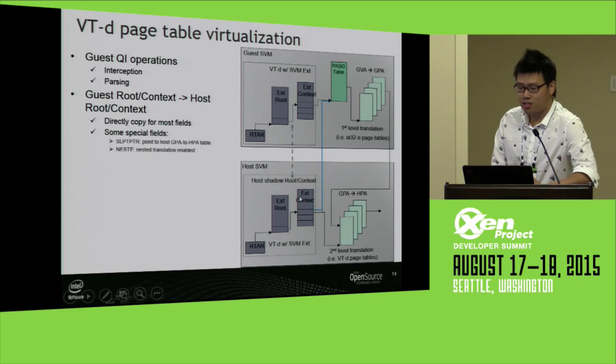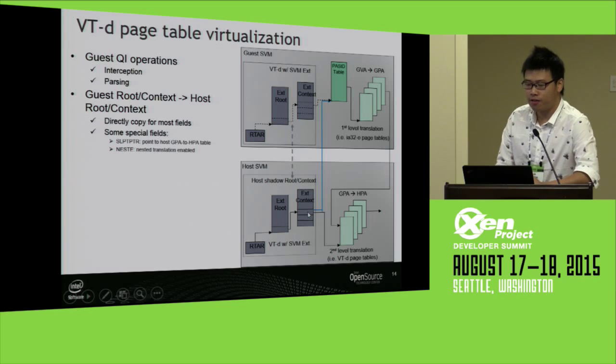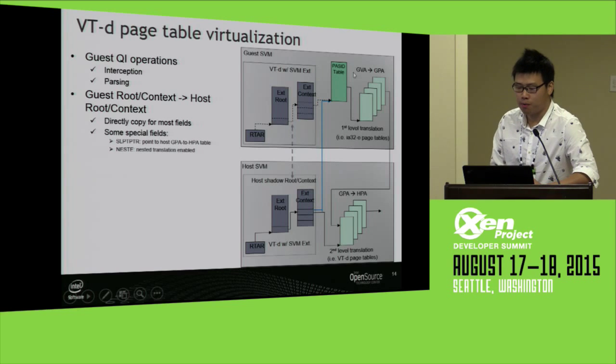If a DMA request with PASID is issued here, we will go through the shadow root entry first, then the shadow context entry here, and we will find the guest side page table pointer, because we just copy it from the guest.